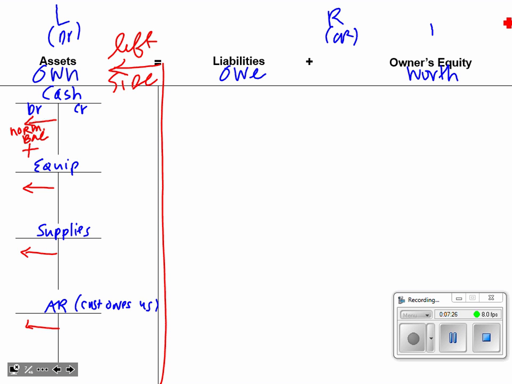I tend to do, and the book will never do this, this is more of a Marsism, normal balance, I tend to star that side. I think it's important you write normal balance there. Wherever the star is, the plus sign goes with it.